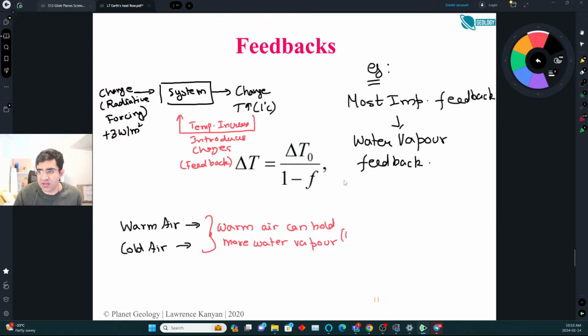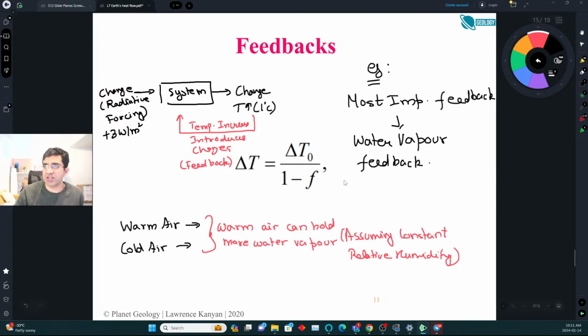Again, assuming constant relative humidity, let's say relative humidity must be on average 50%. Because warm air can hold more water, what will happen now?